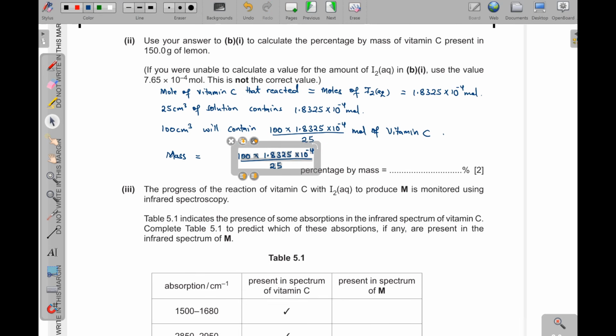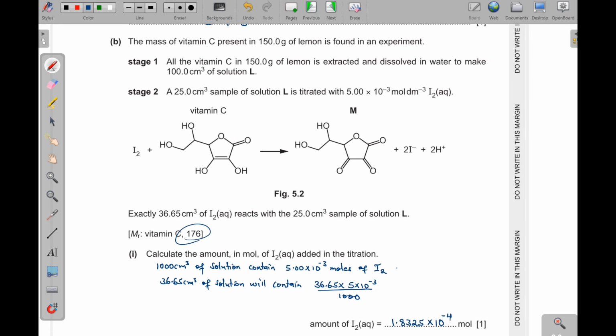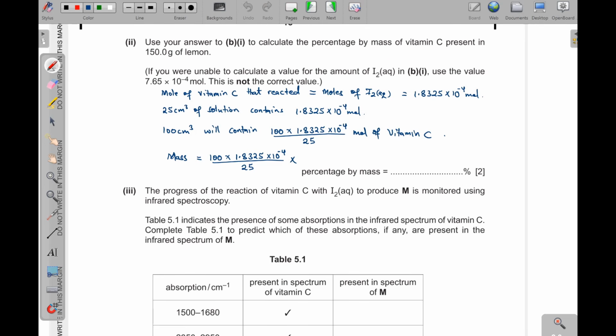Let me even just duplicate it just like this. Then times the MR. MR was given as 176. Yes, it is here, 176. Okay.